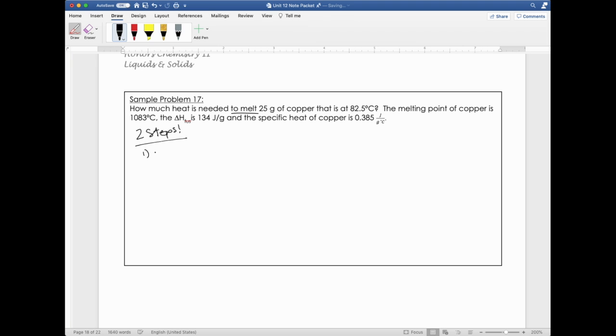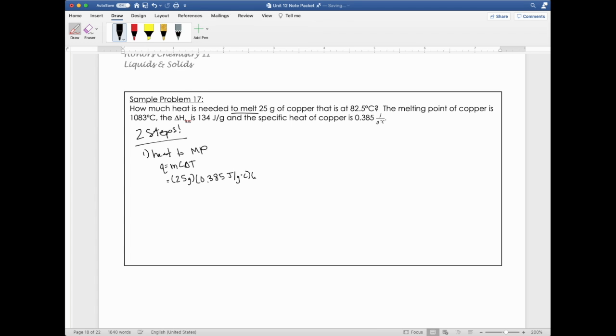The first step would be to heat to its melting point. Because I'm heating something to its melting point, we do have a change in temperature. So I'm going to use the equation Q equals MC delta T. Mass of the copper is 25 grams. Specific heat capacity for solid copper, that's 0.385 joules per gram degrees Celsius.